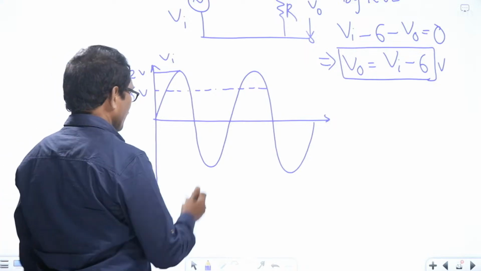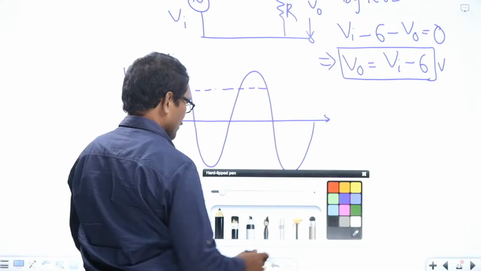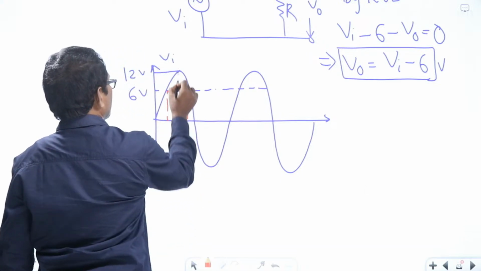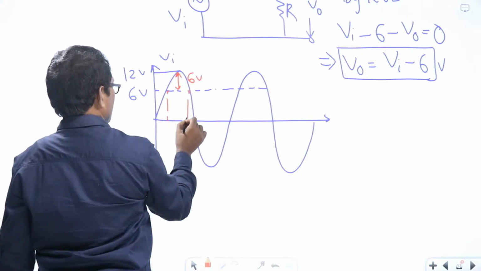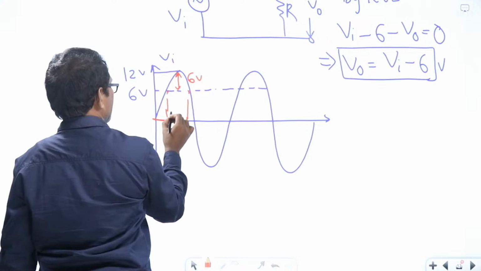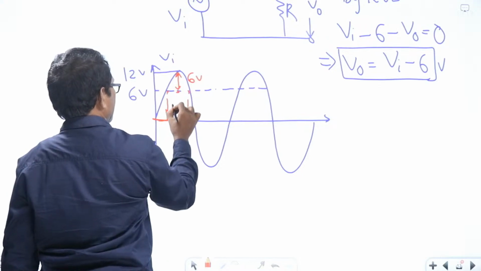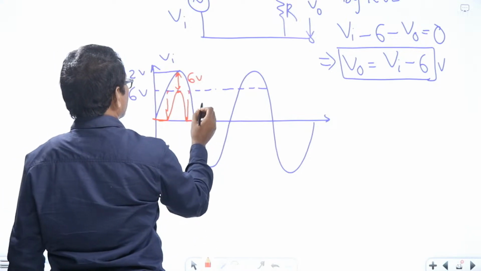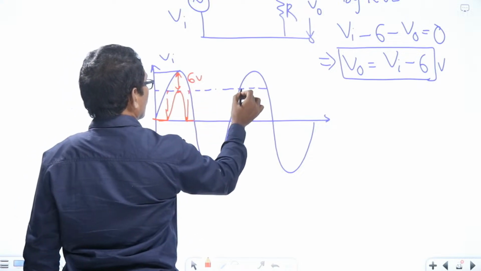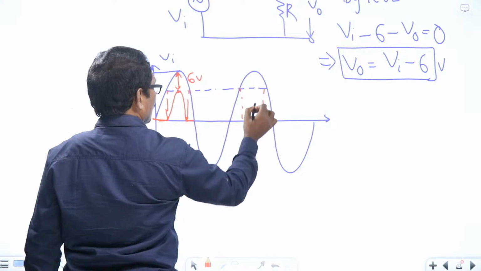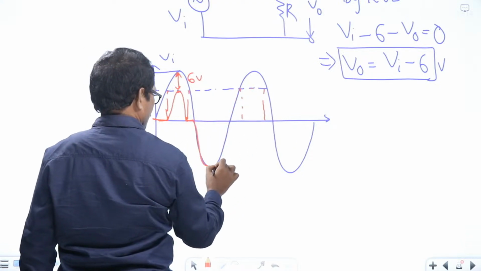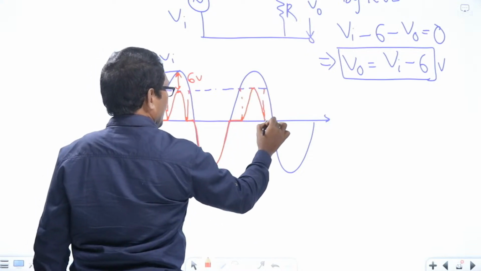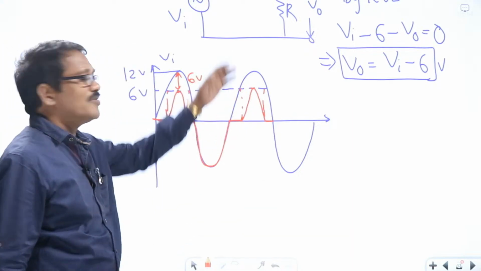It means here VA minus 6. This is 6 volts. This is the output waveform corresponding to this problem.